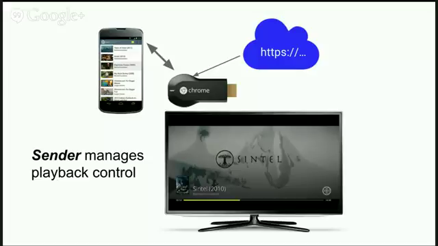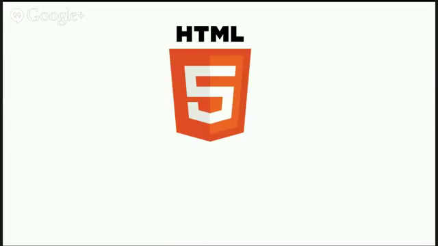and I guess you could be wondering what kind of code you need to write for your receiver app. Well, receiver applications that run on Cast devices are nothing but simple web apps.